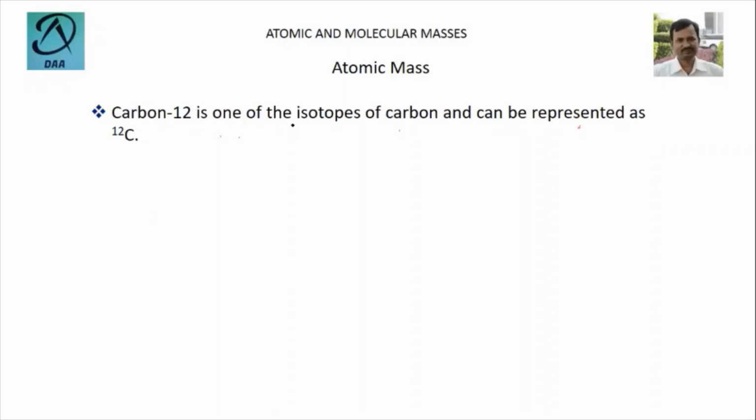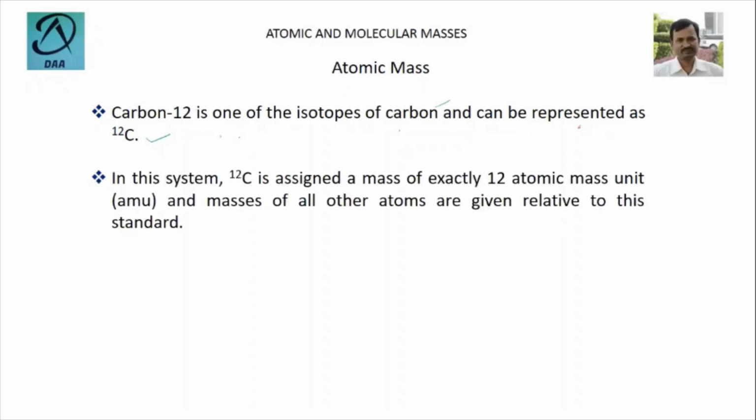So carbon-12 is one of the isotopes of carbon and can be represented as 12C, 12 superscript capital C. In this system, the 12C is assigned a mass of exactly 12 atomic mass unit, that means 12 AMU, for the mass of an atom of the 12C isotope of carbon, and with this mass of 12C, all other masses are assigned.